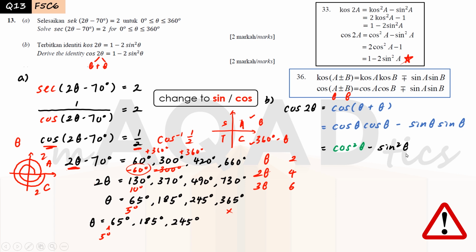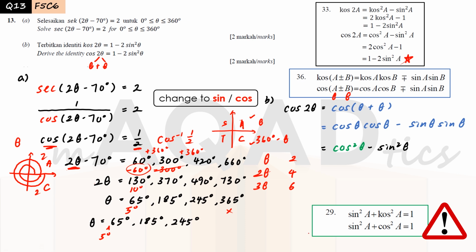Okay, but now it still doesn't tally here. We only have 1 sin square theta, here we have 2, so which is the other formula that we need to use here? Okay, if you remember correctly, there is also another formula which uses sin square theta and cos square theta, which is this one, right? So since the equation that we need to prove doesn't have cos square theta, we're going to change this.